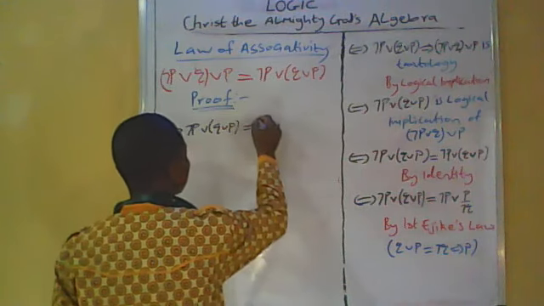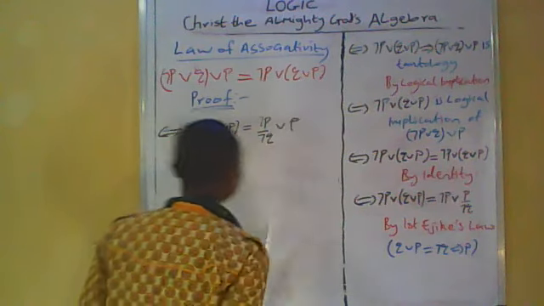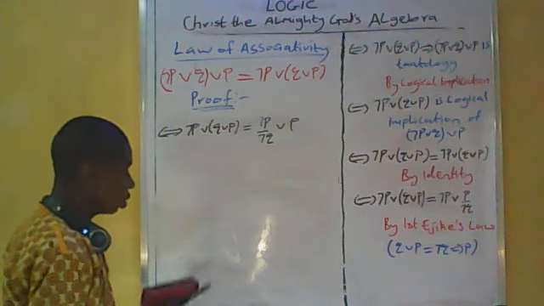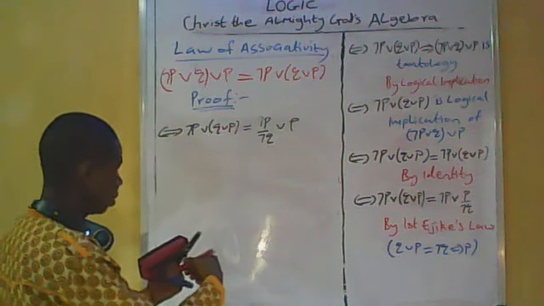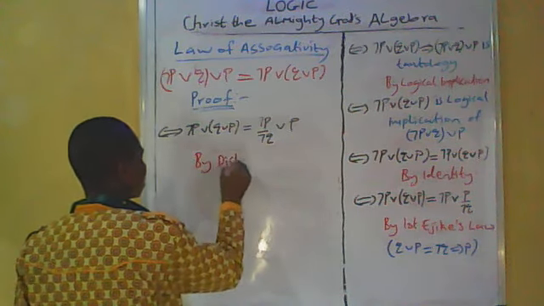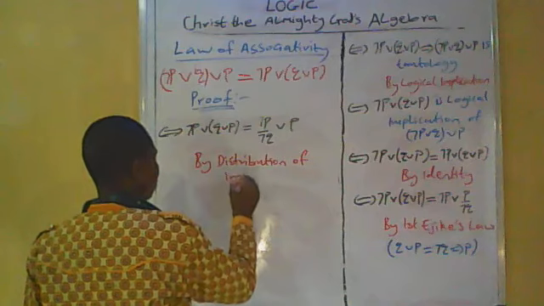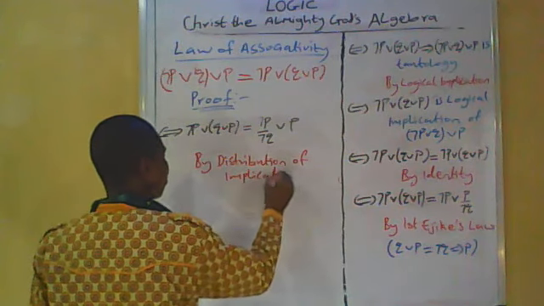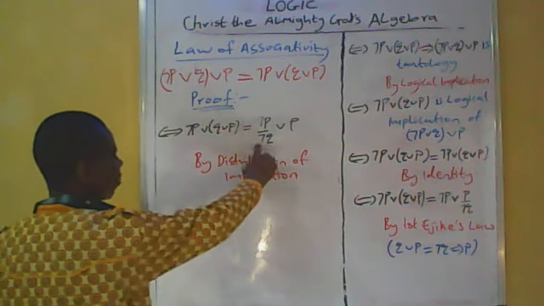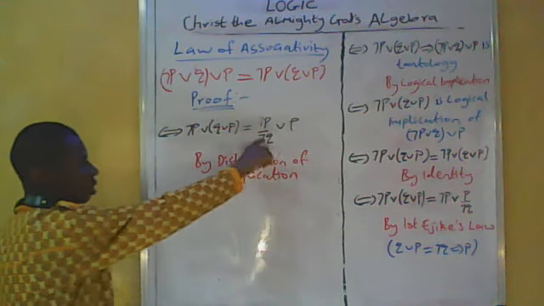So we have (not P implies not Q) or P, justified by distribution of implication.